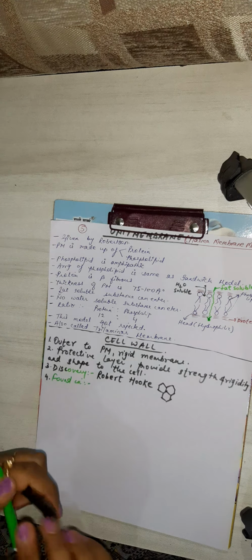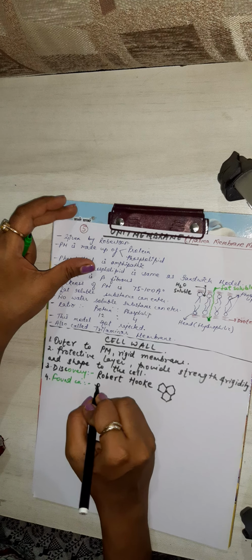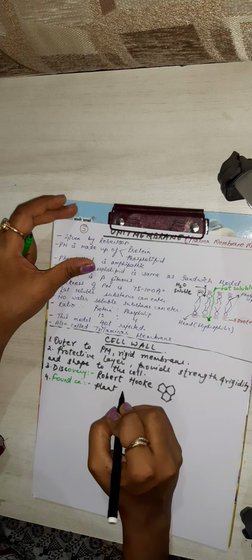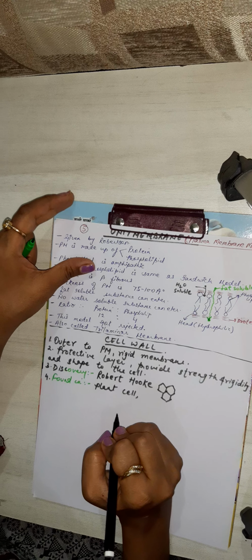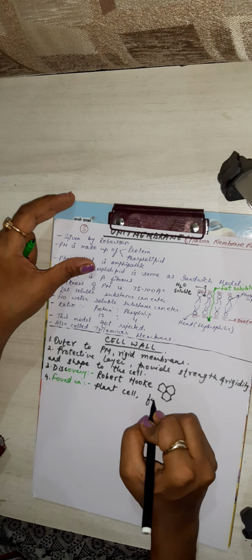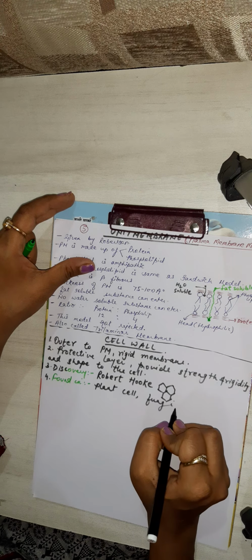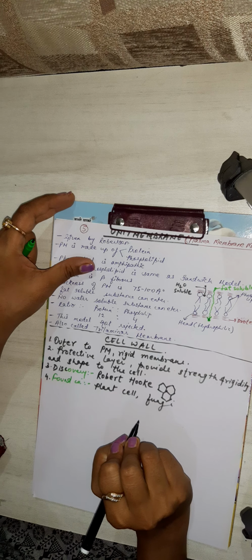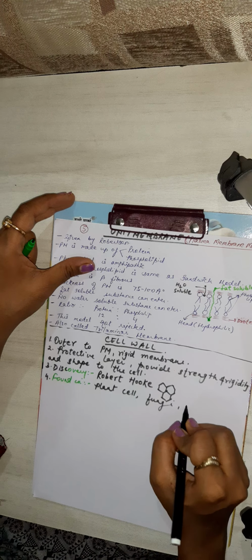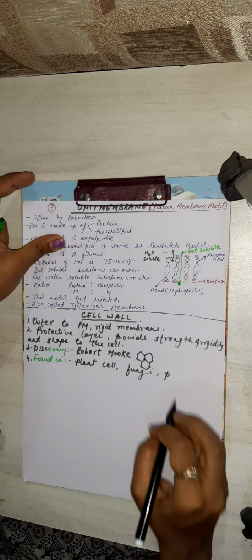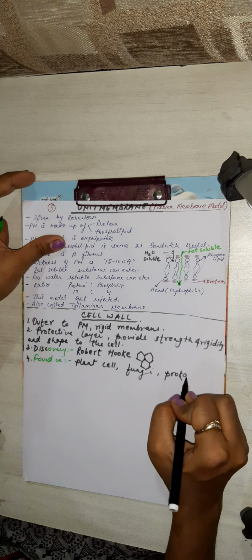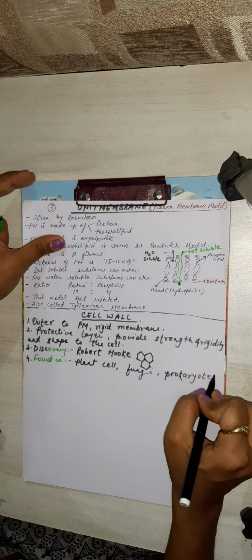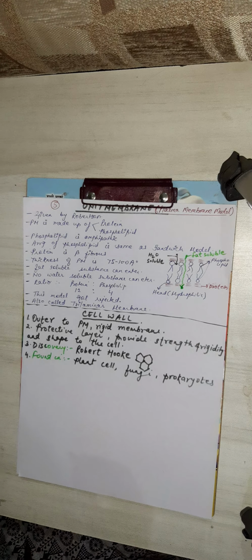Cell wall is present in plant cells, fungi, and prokaryotes. In prokaryotes there is one exceptional case: prokaryotes except mycoplasma.